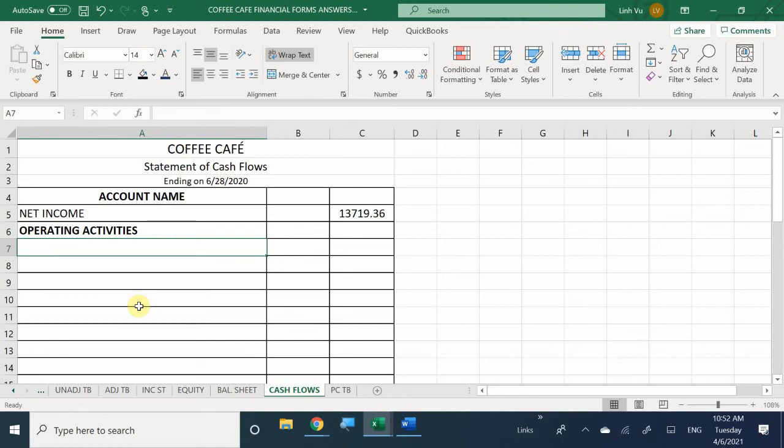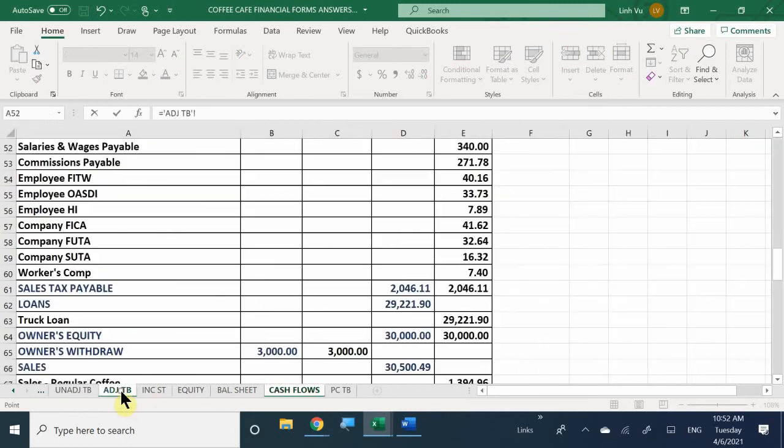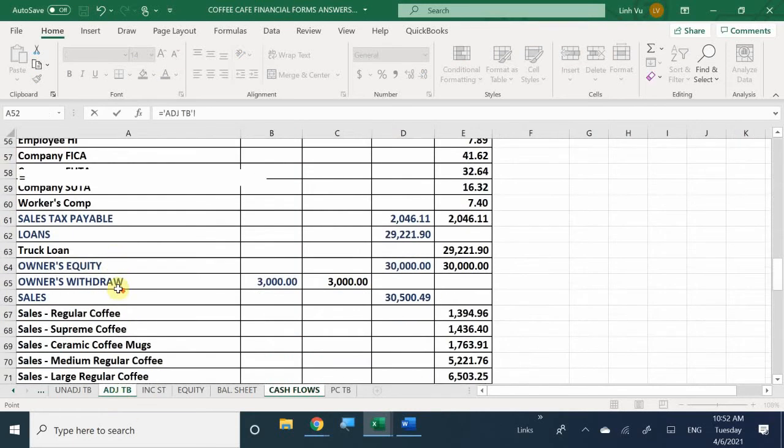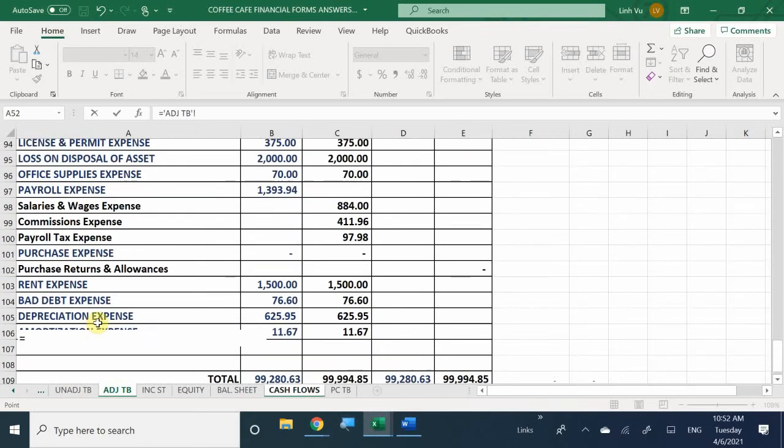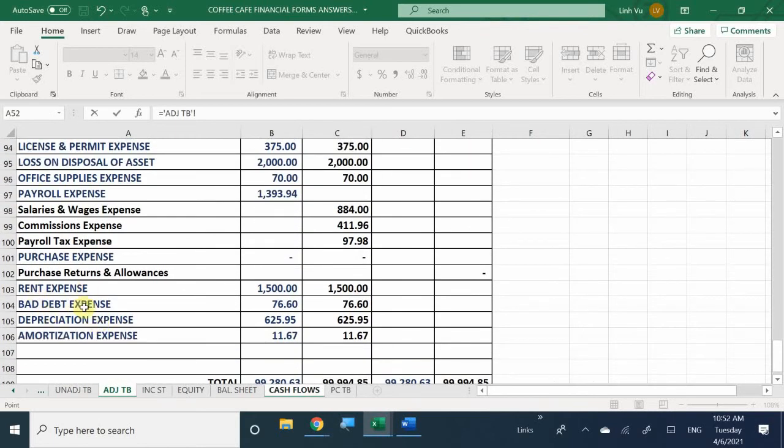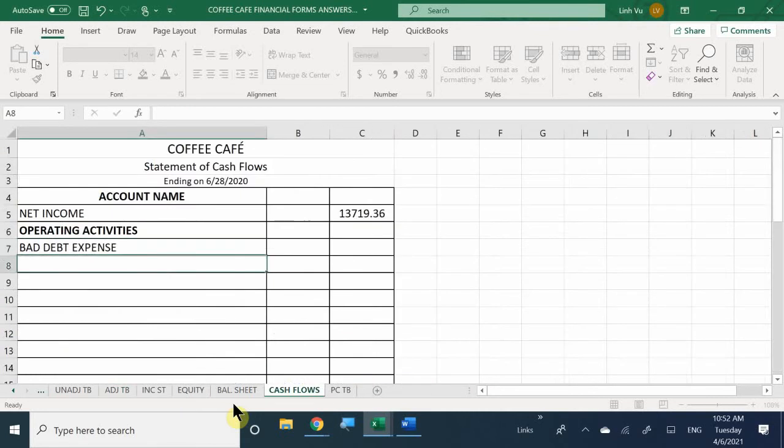So of those four accounts, the first one is our bad debt. Go to your adjusted trial balance and we're going to pick up that bad debt. Once again, did we actually receive the cash in the first place to claim that this is a loss?